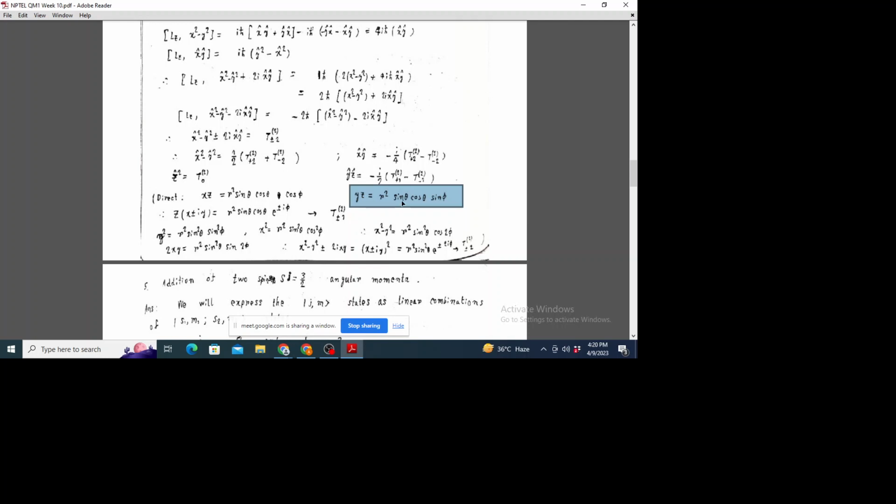So yz is proportional to sin phi. That means if you add these two up, you will get r square sin theta cos theta e to the power plus minus i phi. As I said, the spherical harmonics Y_lm has phi dependence e to the power i m phi. So we have to just bring the phi dependence in the form e to the power i m phi.